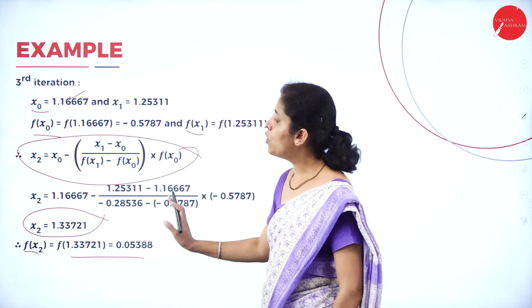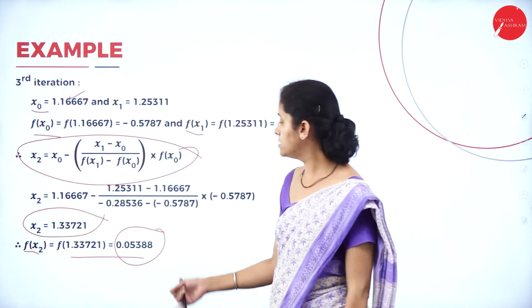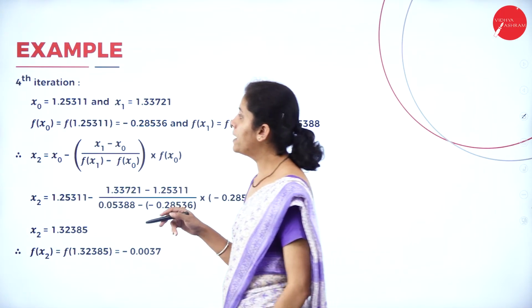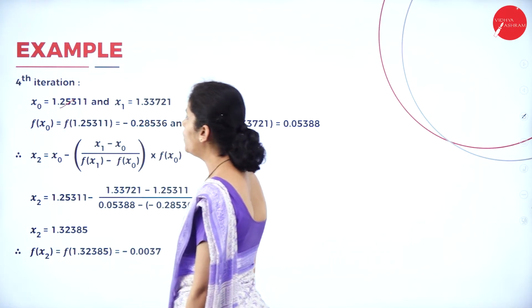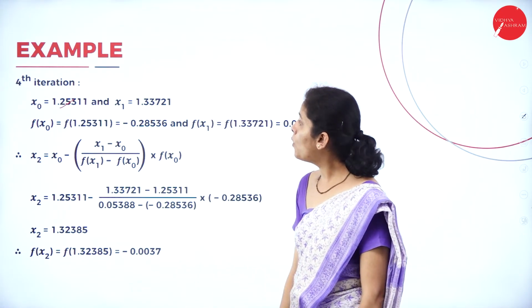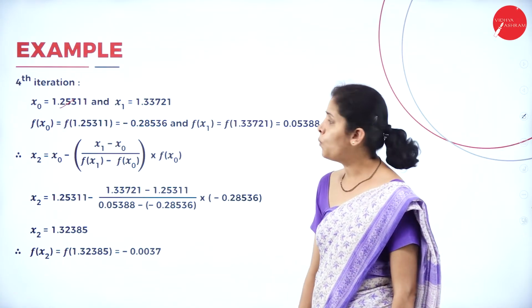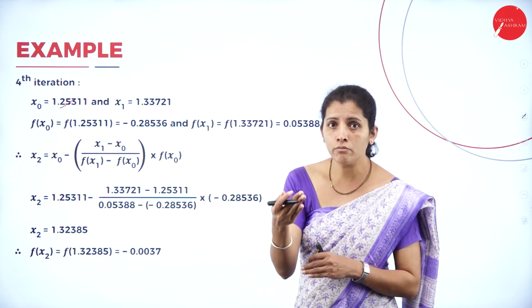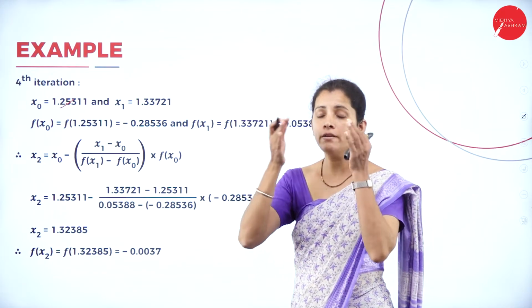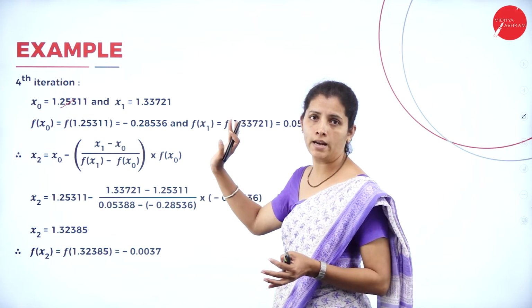Okay, fine. Now what I want to do, I want to check this one, is it 0 or not. If it is not 0, I just want to swap. After swapping, my x0 is 1.25311 and my x1 is 1.33721. So dear student, whatever my previous iteration value, I want to consider that one as my x0, and whatever the present iteration value I have, that is my x1.